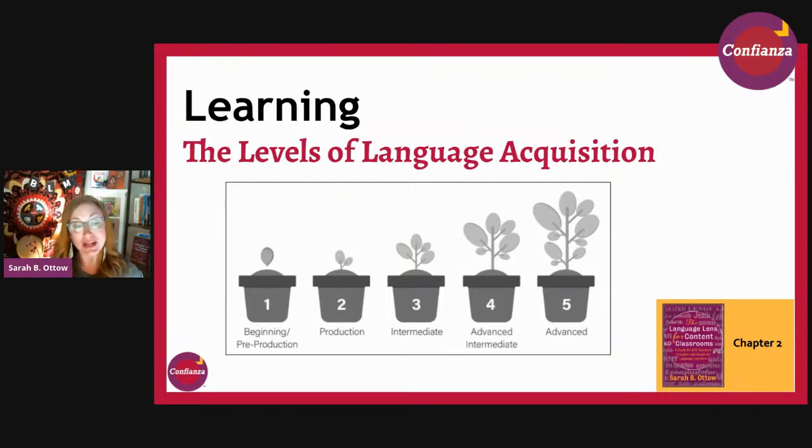So when we're thinking about English language learners, we want to keep in mind the levels of language acquisition. And these are universal. And these are across every single ELD framework that exists, whether you're using ELPA21 or WIDA, or you're doing the Texas framework or the New York framework, wherever you are in the US or internationally, these are the same levels.